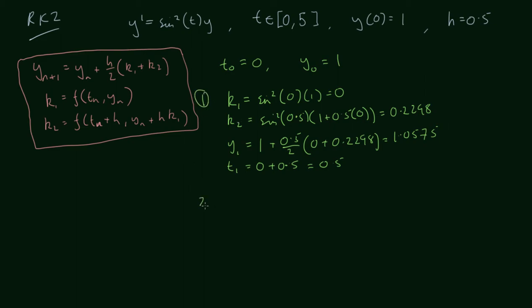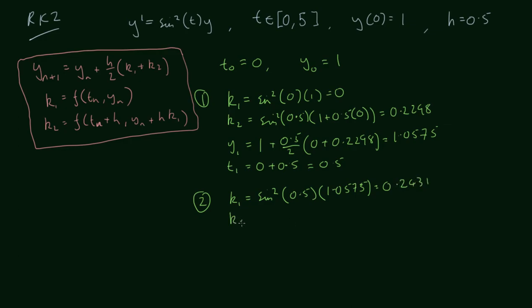Step 2, we do exactly the same, but this time we have new values for t and y. So k1 is going to be equal to sine squared of t, which is now 0.5, times y1, which is 1.0575. Calculate that, and you get 0.2431.